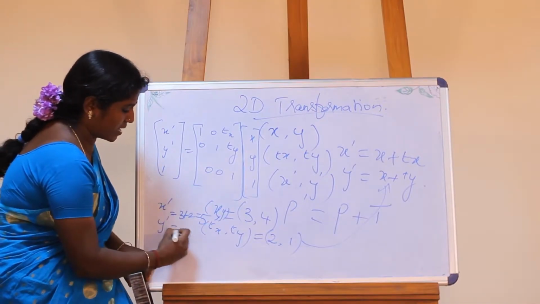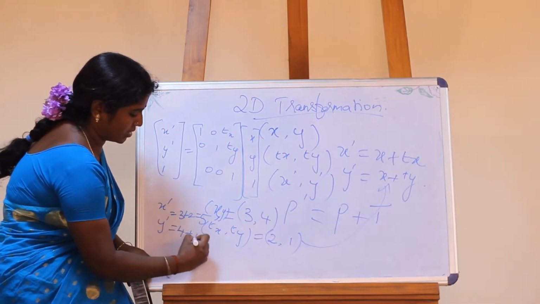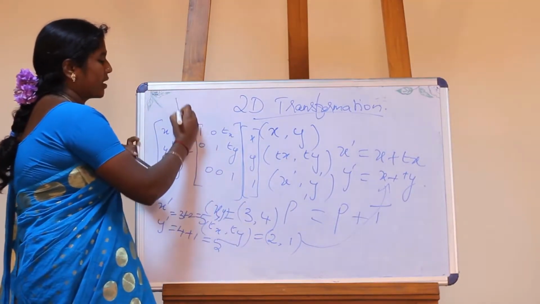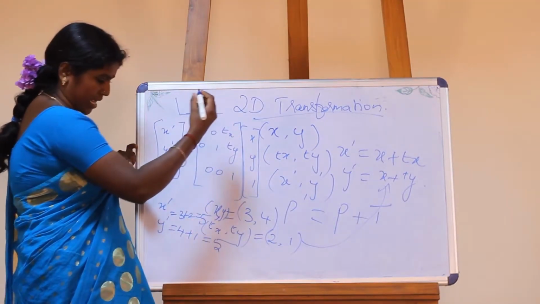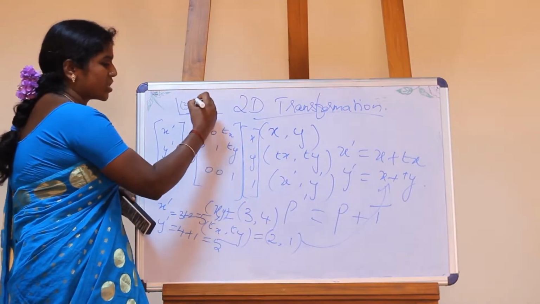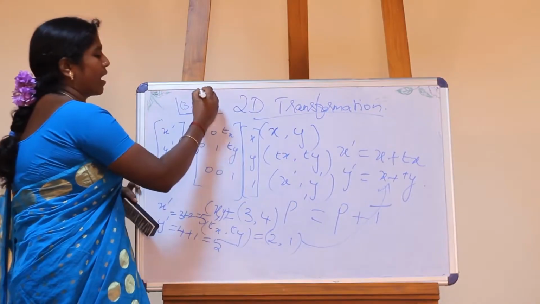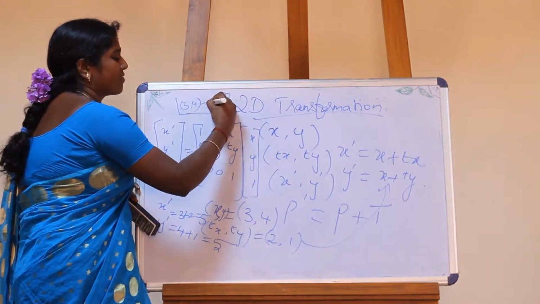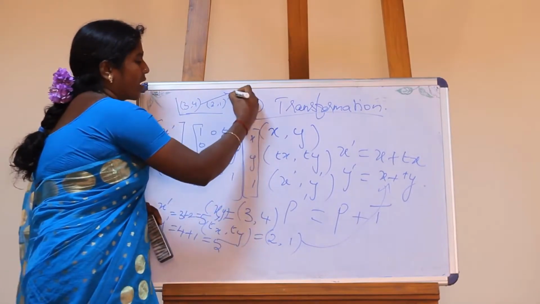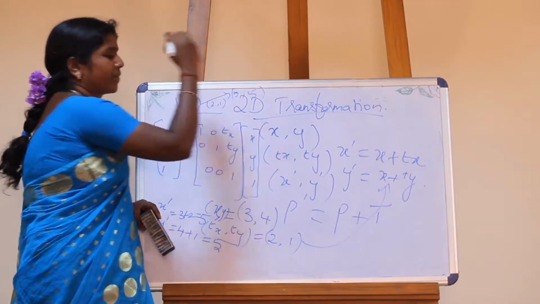Then y dash equals 4 plus 1, so we get a new position of 5. So if your object's original position is 3, 4 and you apply the translation value 2, 1, then we get the new position 5, 5.